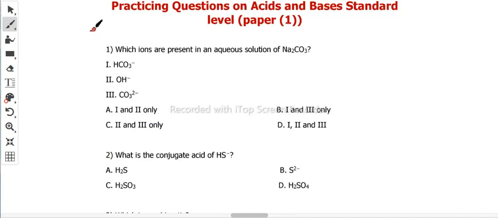Which ions are present in an aqueous solution of sodium carbonate? When we want to answer these questions, we need to look at the choices. But the first thing we need to remember is that this salt inside solution will split into sodium ion and the carbonate ion as well.